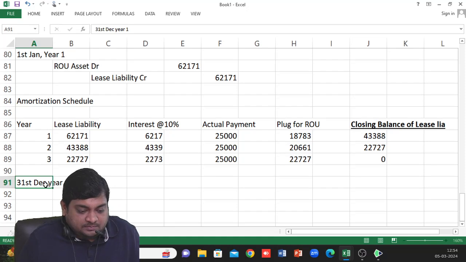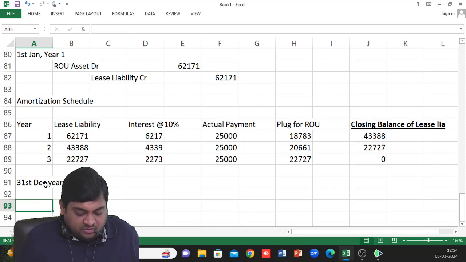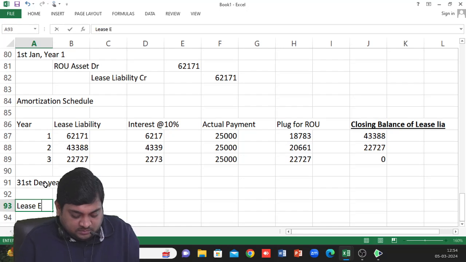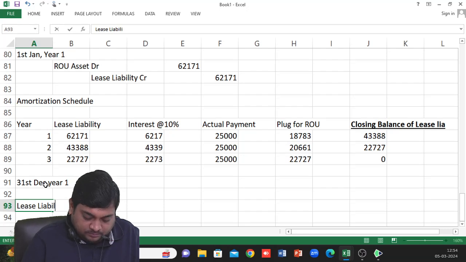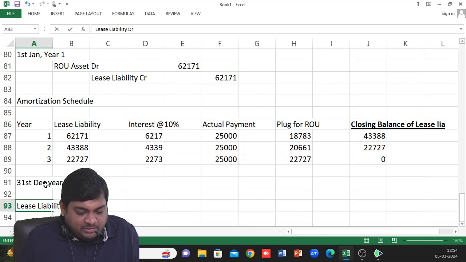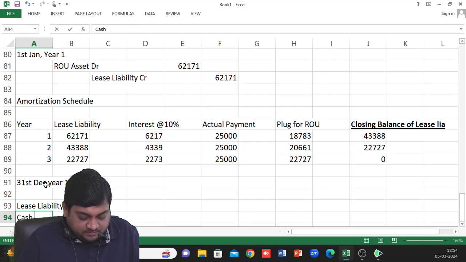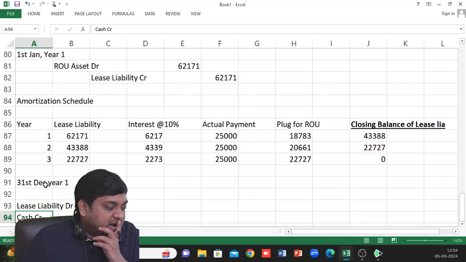December 31, year 1. First entry is what? Lease liability debit, cash credit.